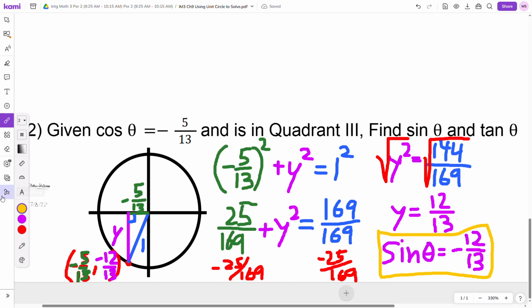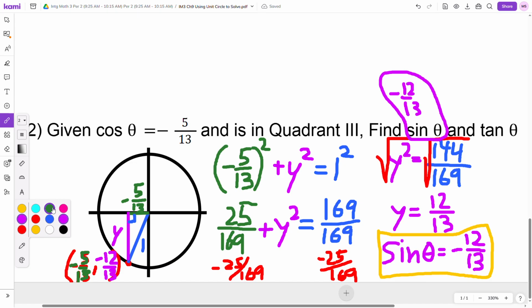Okay, so there's one of your two answers, because they asked for two things. They asked for sine and tangent. If you want me to copy that up here again, you can say, look, sine of theta, there it is. It's negative 12 over 13. Now, what about tangent? Well, good news, we're pretty much done. We have a very simple assignment ahead of us. Remember that tangent equals sine over cosine.